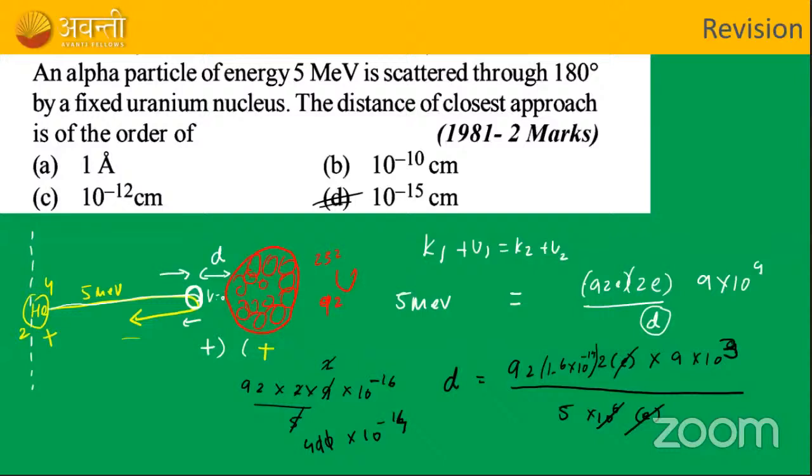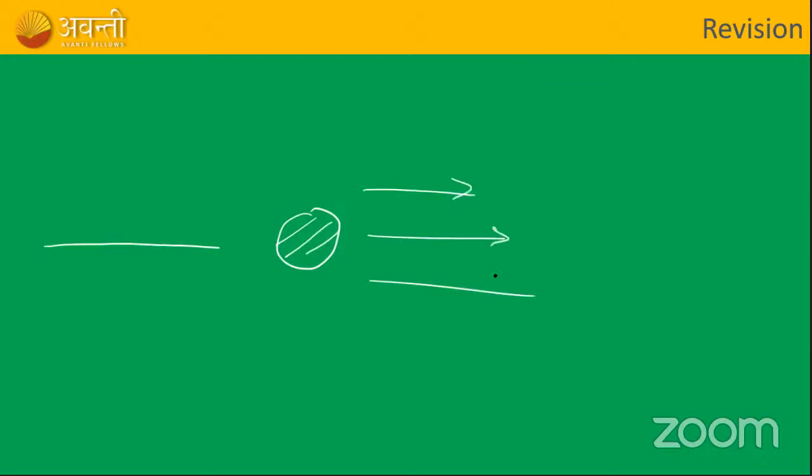Angle of deviation of the nucleus of 90 degrees. For the angle of deviation to become 90 degrees, it's very rare, Radhika. If you know the Rutherford scattering experiment, this was a gold foil. Alpha particles come, and most of them pass through the gold foil without any deviation.